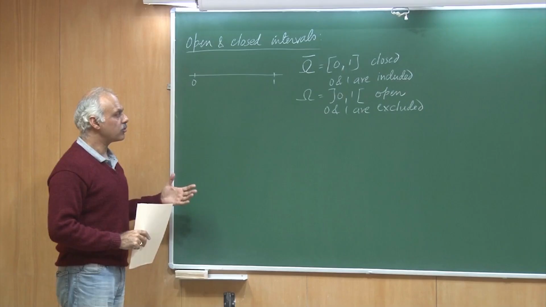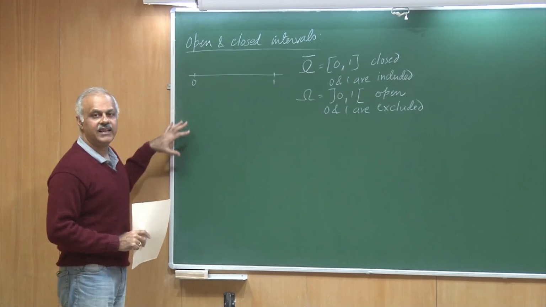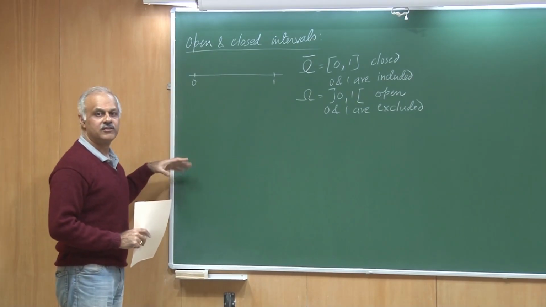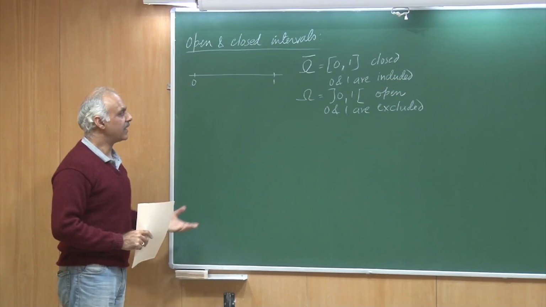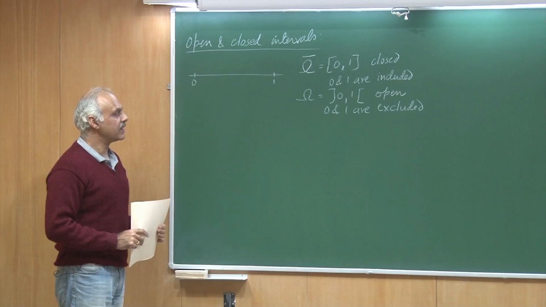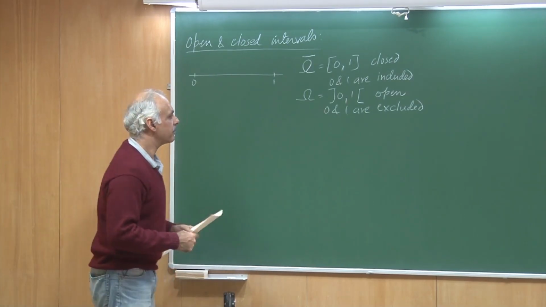So if I talk about 2 dimensions, then I would be talking about omega is an area and the boundary is a curve. So if the curve is included, that's a closed domain. If the curve is excluded, then we are talking about an open domain. So this is just some notation.